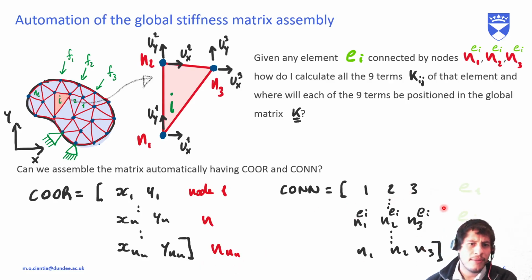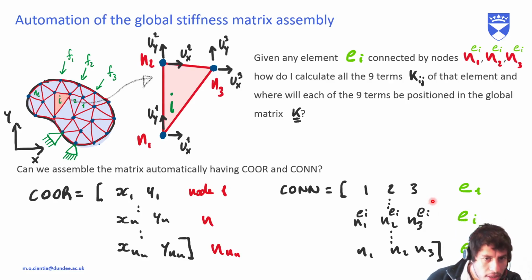Whereas the connectivity, well, we have for element 1, in this case, connected by nodes 1, 2, and 3. Element i is connected by n1 of element i, n2 of element i, and n3 of element i, just like this one up here.